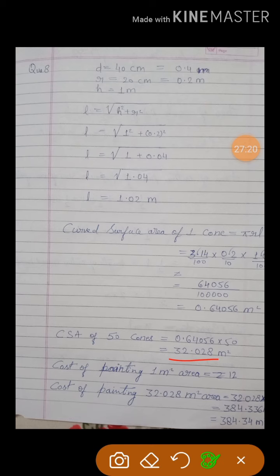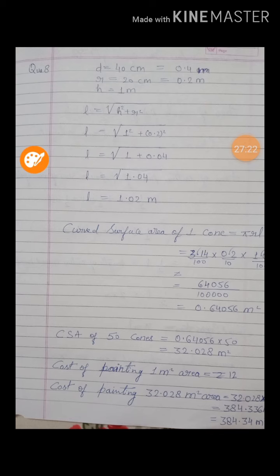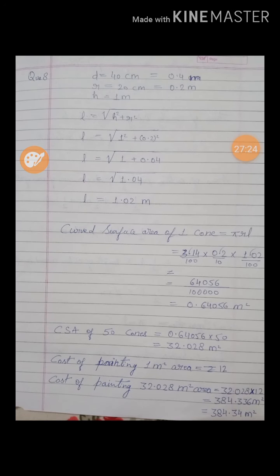We shall multiply this by 12. 32.028 multiplied by 12, and we shall get the answer 384.336, or approximately 384.34 rupees. In this way you will complete exercise 13.3. Some questions are remaining that you will solve by yourself.